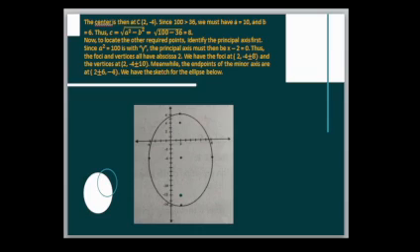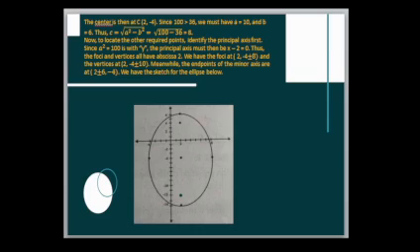So we have the foci at (2, negative 4 plus and minus 8), and the vertices at (2, negative 4 plus and minus 10). Meanwhile, the endpoints of the minor axis are at (2 plus and minus 6, negative 4). And we have the sketch here for the ellipse below.